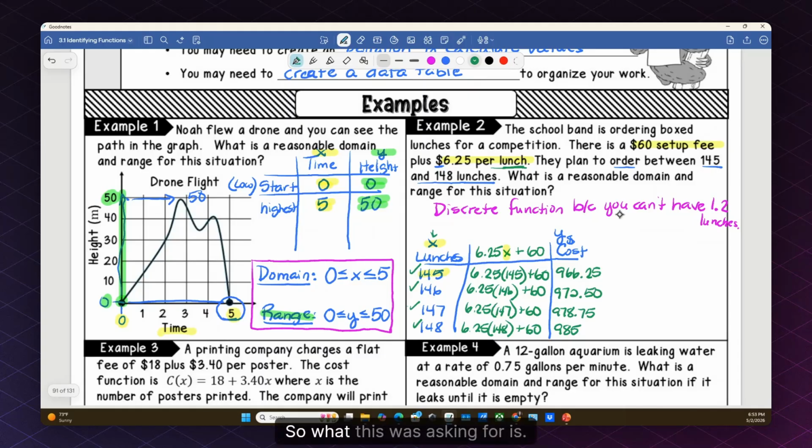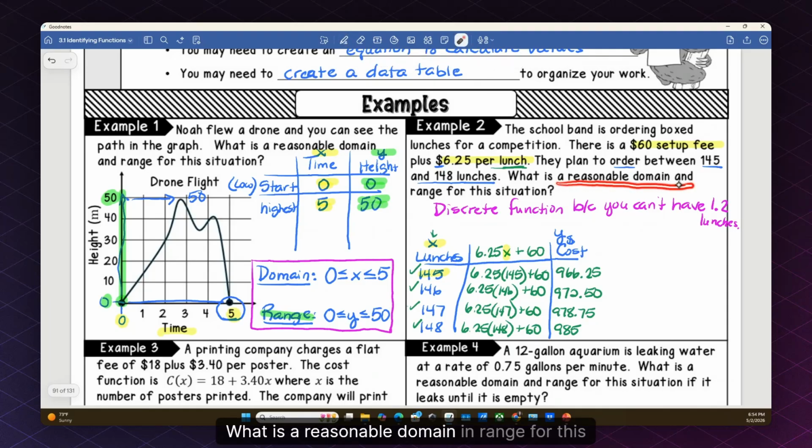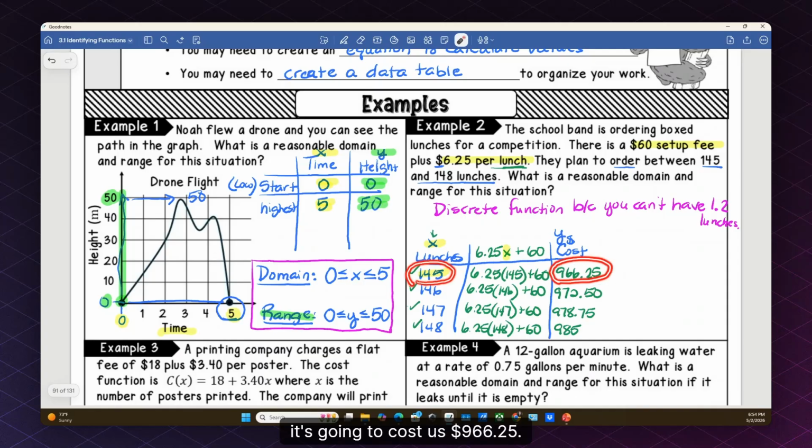Okay, so what this was asking for is, let's go back and read our problem. What is a reasonable domain and range for this situation? What we just calculated is if we buy 145 lunches, it's going to cost us $966.25.